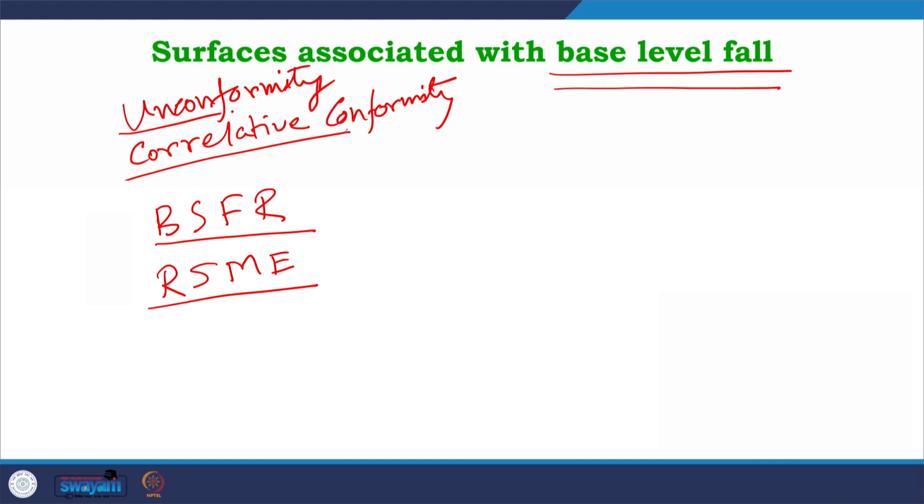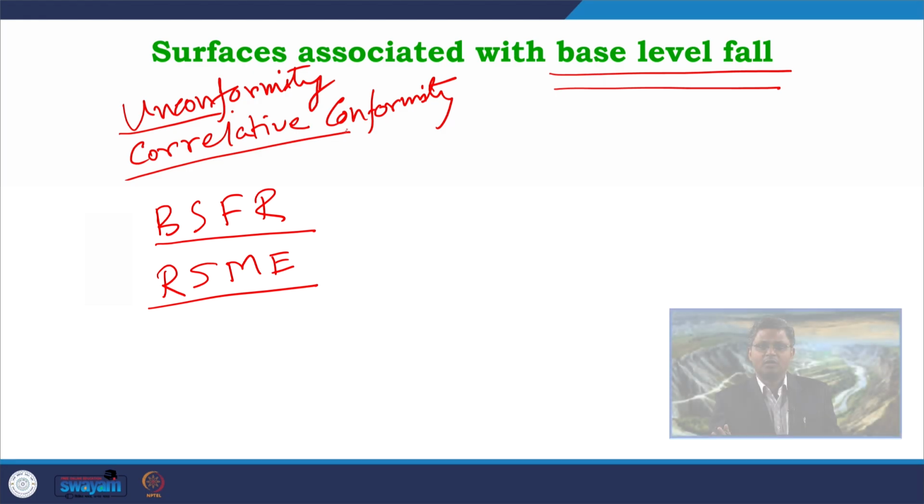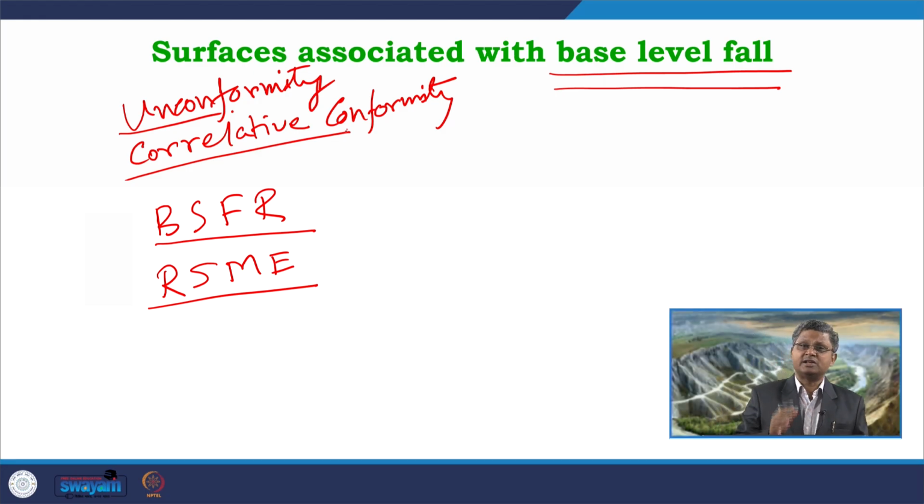Definitely we can find other surfaces which are associated with base level rise, for example, the maximum flooding surface, the maximum regressive surface, the ravinement surface, etc. Today we are starting our discussion on the sequence stratigraphic surfaces with those associated with base level fall, and we will gradually cover these different surfaces. Our topic today is unconformity, which is one of the major surfaces associated with base level fall that we commonly find in the sequence model.